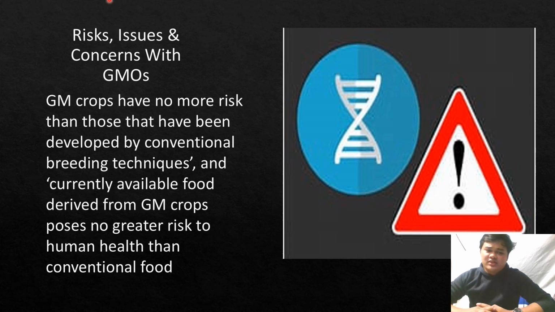The risk issues and concerns in GMOs are that GM products have no more risk than those developed by conventional breeding techniques, and currently available food derived from GM crops poses no greater risk to human health than conventional food.